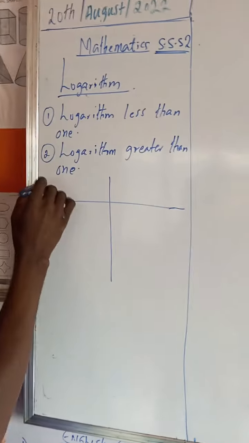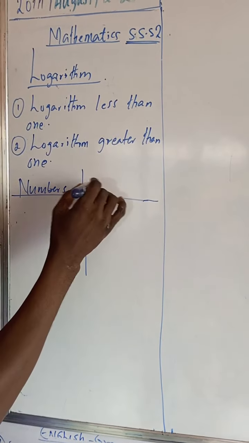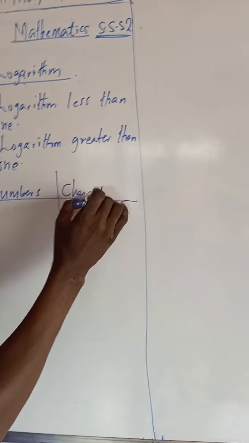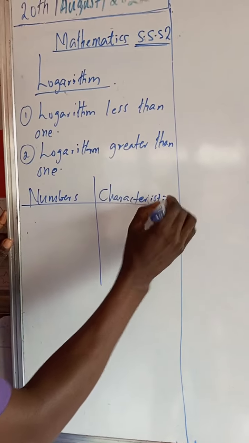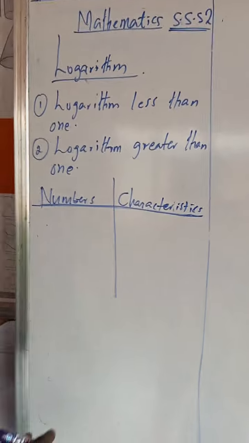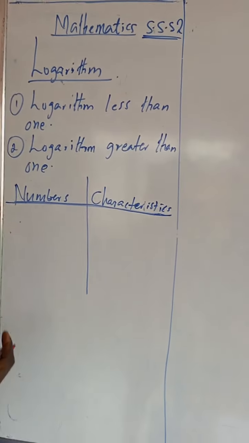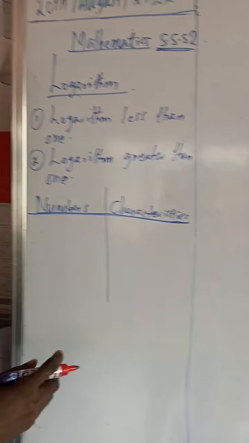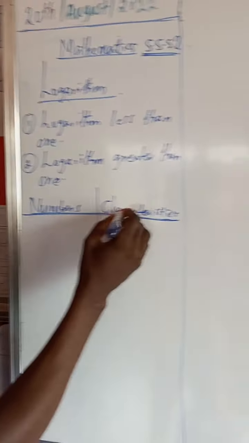So let's look at numbers first, numbers and their characteristics. Let's see the ones that are greater than one, then we'll see the ones that are less than one.